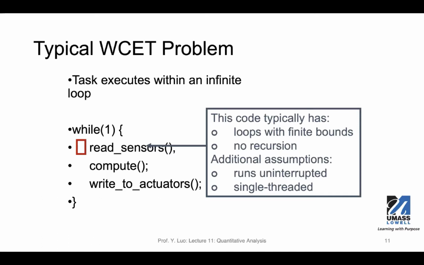For example, if we assume the code runs uninterrupted, and we assume it's single-threaded, in that case, we might be able to do some experiment to find out the execution time. But if it is an infinite loop, then there's no worst-case execution time.